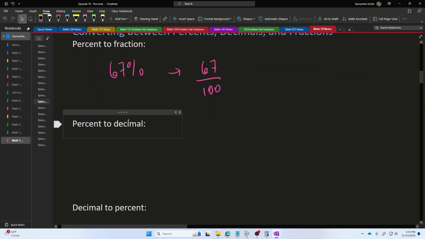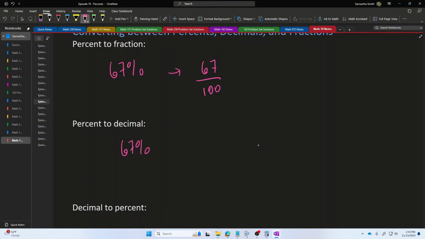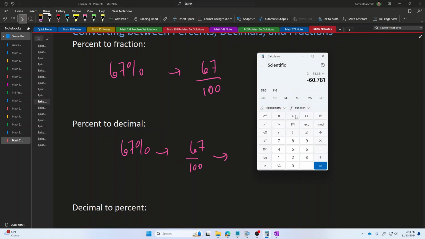So to convert a percent to a decimal, in theory, all that you would have to do is convert this fraction to a decimal. And we learned how to do that in the calculator. We could take 67, for example, and divide it by 100.